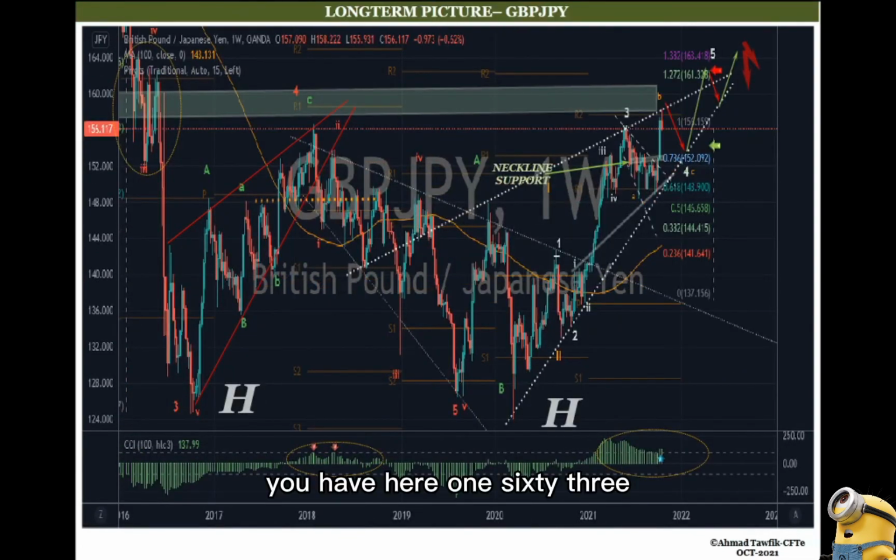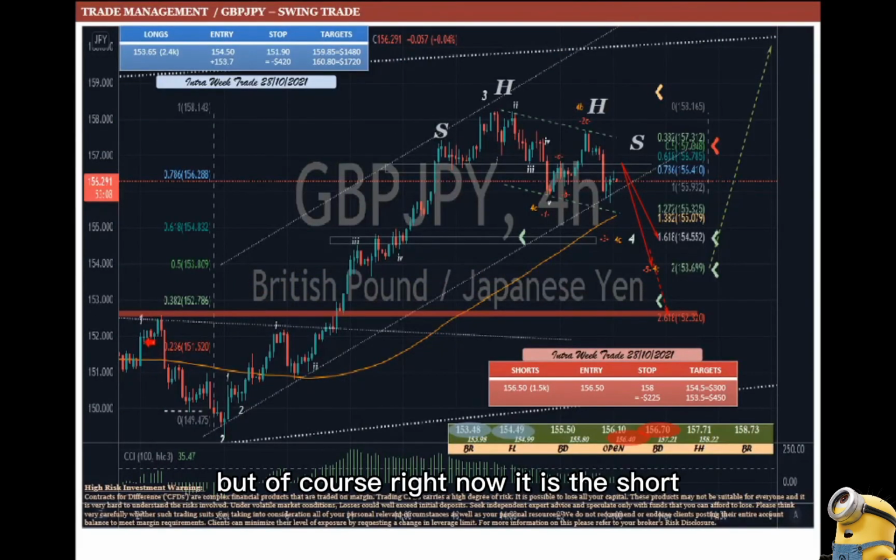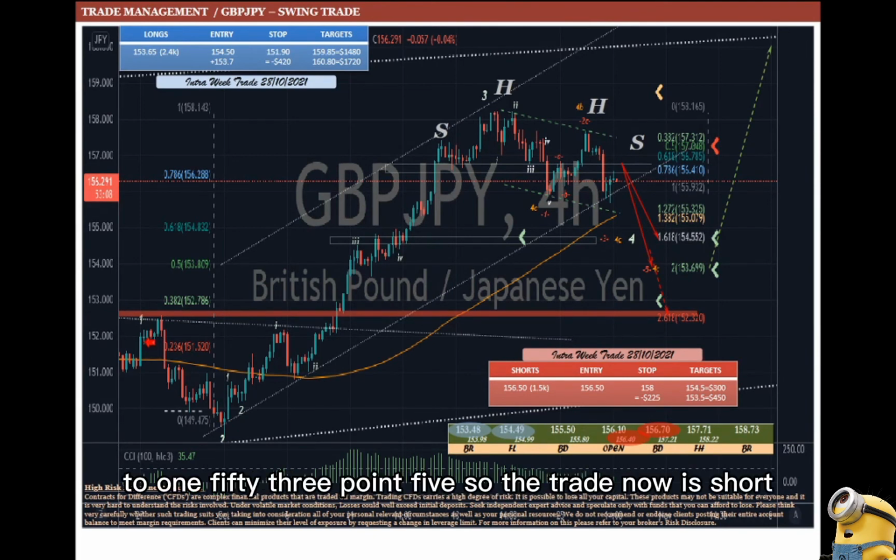You have here 163. Okay, so this is the principal trade to take, not even the short, but of course right now it is the short. The sentiment on the market is for that correction to continue down to 153.5. So the trade now is short, at least towards the moving average and a little lower. After that we reverse. This is the primary trade and we would want to be in it. So maybe you could consider, after doing due diligence, to have entry longs, half size 154.5, half size 153.7.